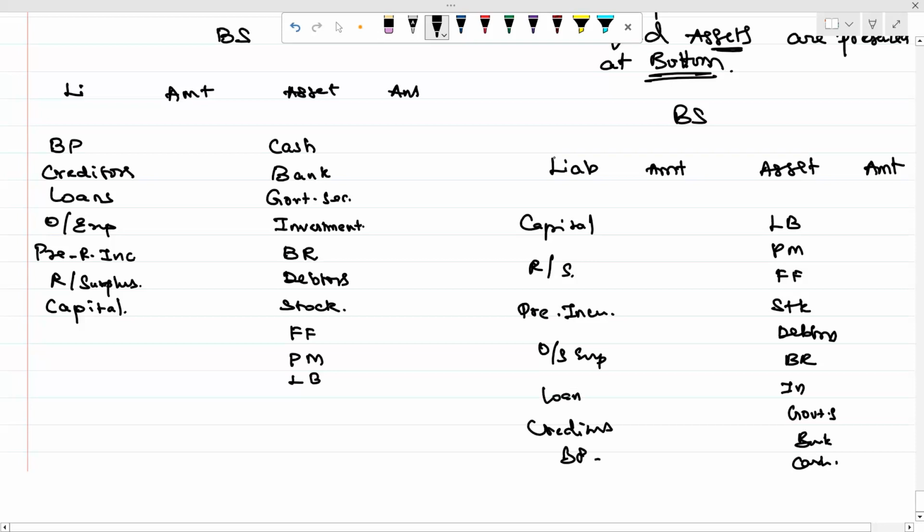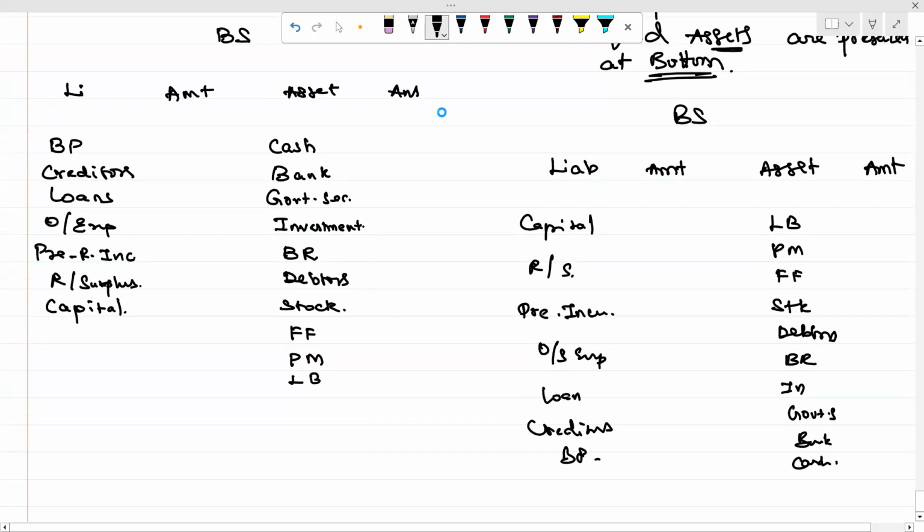Now you will ask, in most cases, which method do we prescribe? We will go for the order of permanence. In the liabilities, this is known as marshalling.